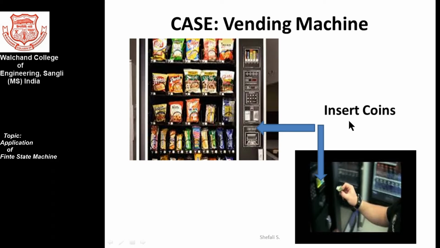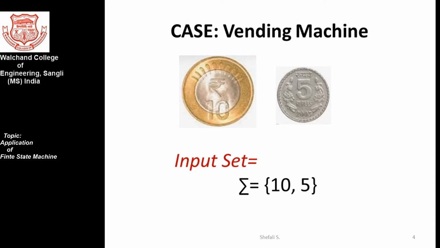So there is one source: some coins, maybe in some currency, need to get inserted so that the item will get delivered back to the person. We are having two options for the coins, maybe 10 rupees and 5 rupees, which is the Indian currency.